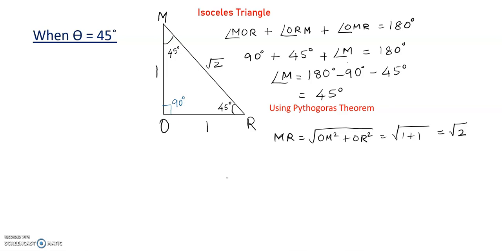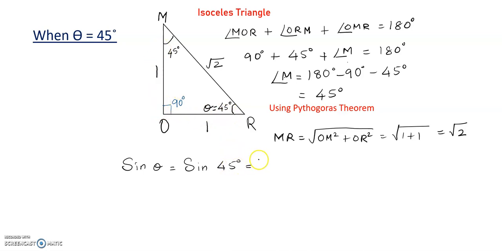Now let's proceed to find sine 45 degrees. I've written here sine theta is equal to sine 45 degrees because our theta is equal to 45 degrees. So what is sine 45 degrees? Let's assume this is our theta. So which is the opposite side? Opposite side is OM.